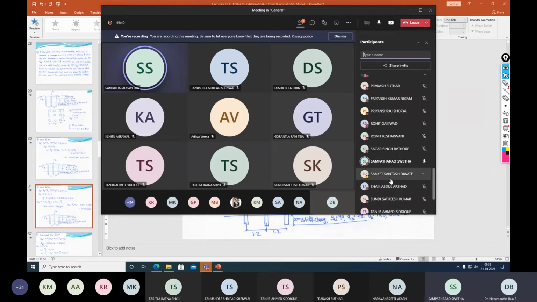Yes, sir. Any progress on the next part of calculation? Yes, sir, I'm doing that, calculating individual pile capacity. Very good, please go ahead. Sagar Singh Rathore? Any questions? No, sir. Any progress on the second part of calculation? Yes, sir, I am trying to. Oh, you're trying. Okay.